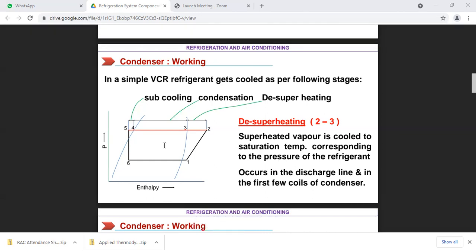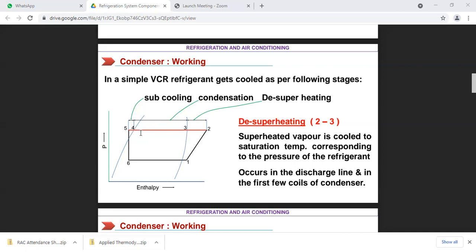During de-superheating from 2 to 3 and condensation from 3 to 4, we observe the process.